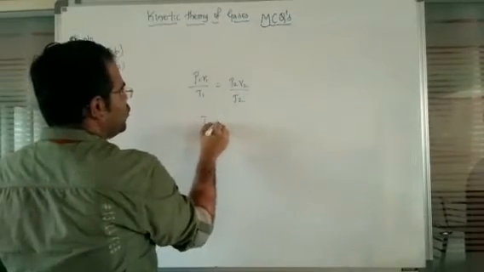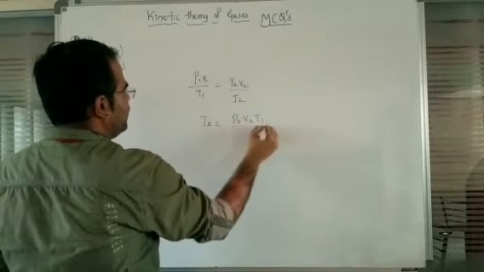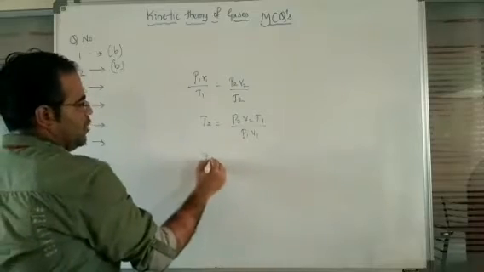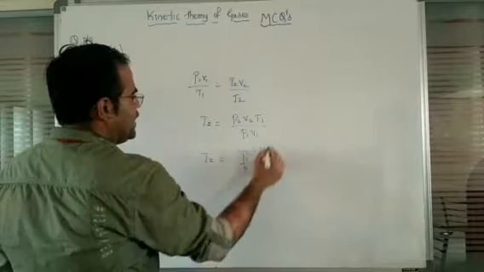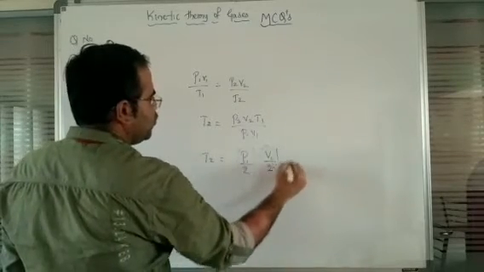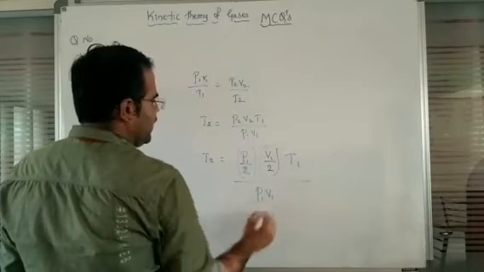So T2 is equal to P2 into V2 into T1 divided by P1 into V1. Now the pressure is halved, so P1 divided by 2, as well as the volume, V1 divided by 2, multiplied by T1, again divided by P1 into V1.